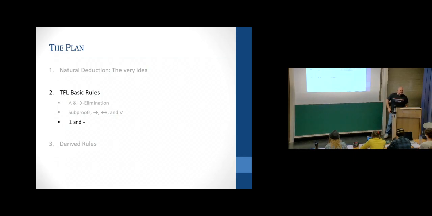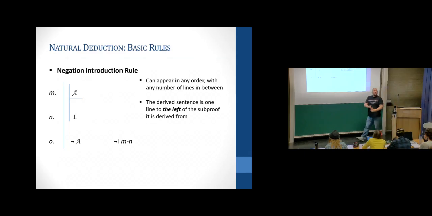So, let me introduce you first to negation introduction. Negation introduction goes like this. If you have a subproof that starts with some sentence and ends in a contradiction, then you can introduce one line to the left, negated, the sentence you started with. Effectively, what the subproof shows you is that if A is true, bad stuff happens.